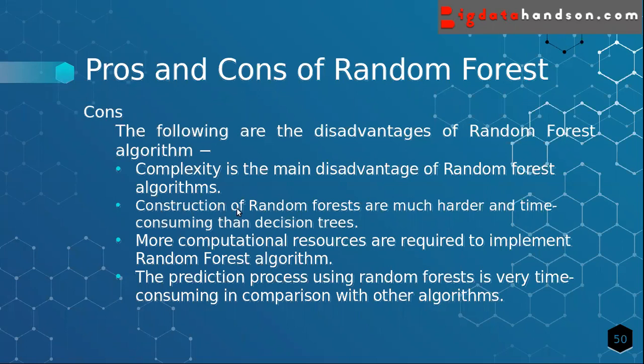Constructing a random forest is much harder and more time consuming than decision trees, and more computational resources are required to implement the random forest algorithm. The prediction process using random forest is also very time consuming in comparison with other algorithms. So the time and the complexity are the cons of random forest.